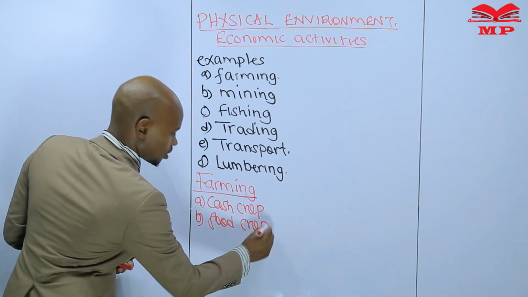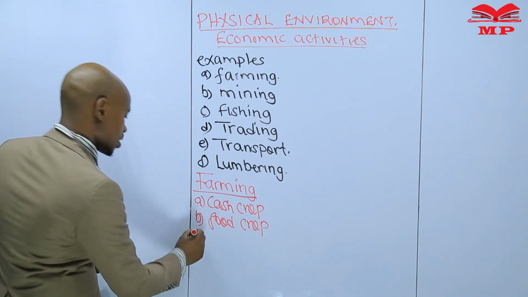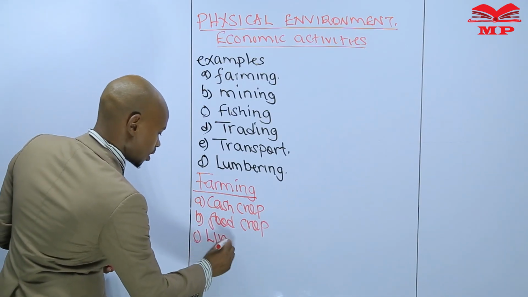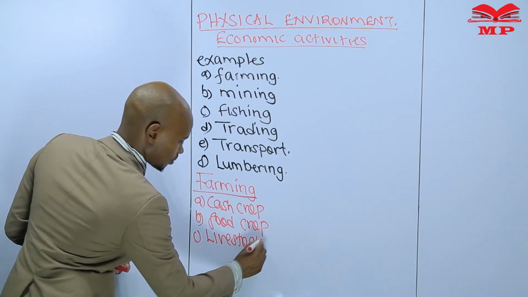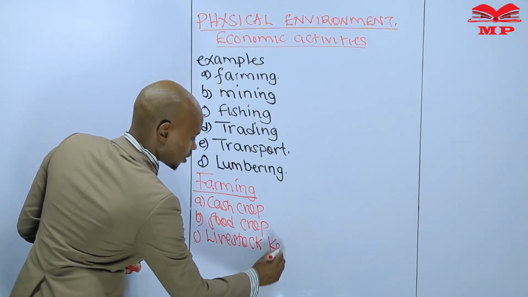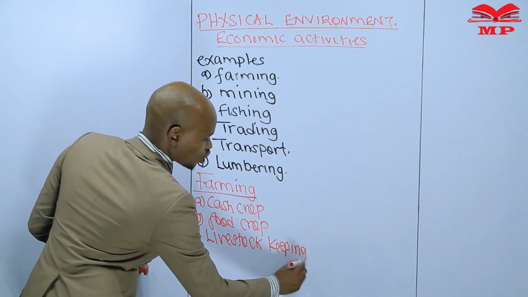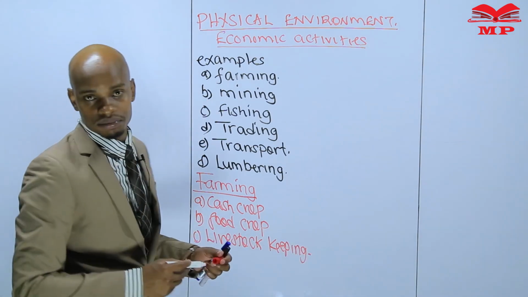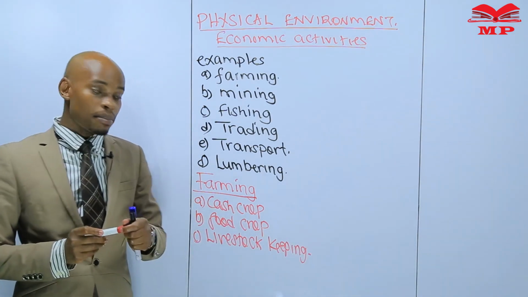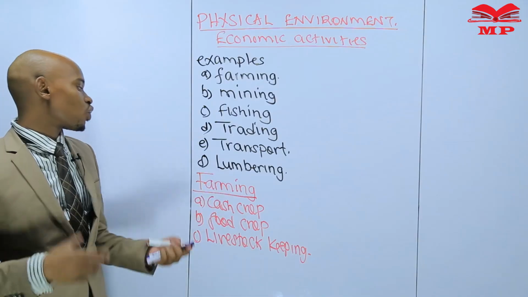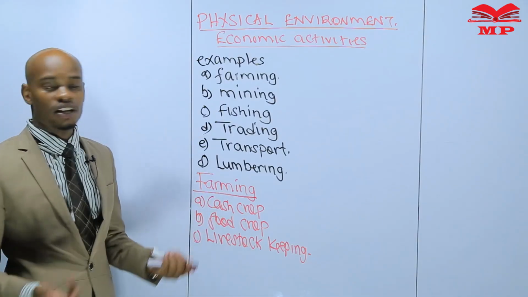Food crop farming is another type of farming. Livestock keeping. All these are categories of farming. The definition of farming is growing of crops and rearing of animals.